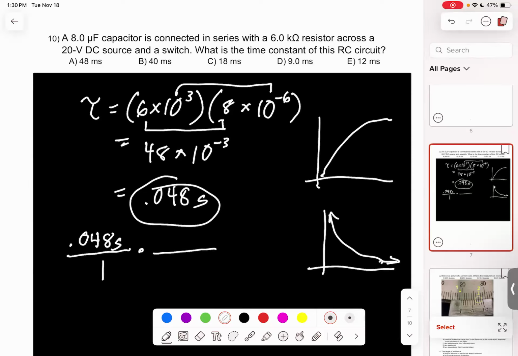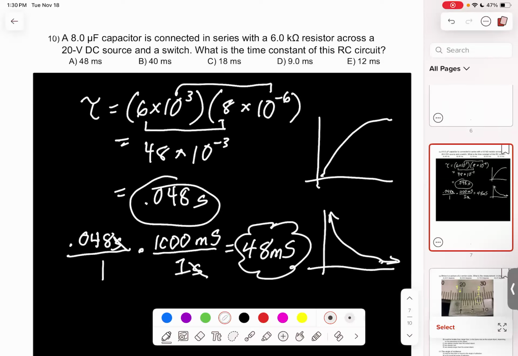There are 1,000 milliseconds in 1 second, and so seconds are going to cancel each other out. By moving the decimal over 3 places to the right, we get 48 milliseconds. Okay. Questions on that?